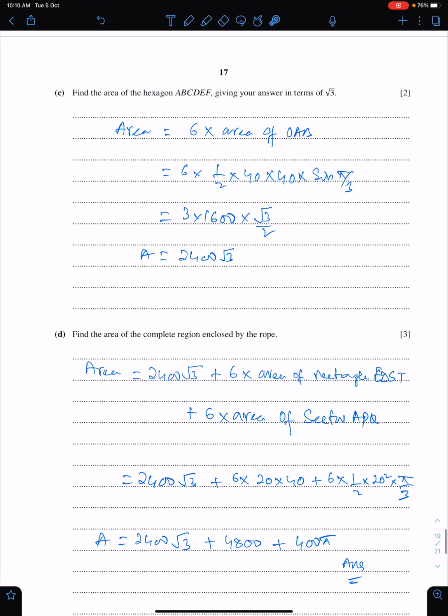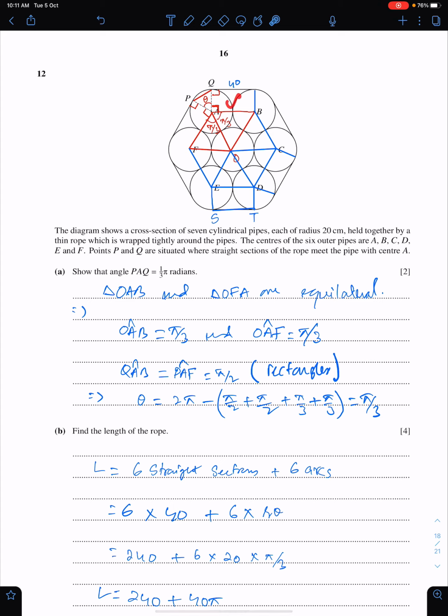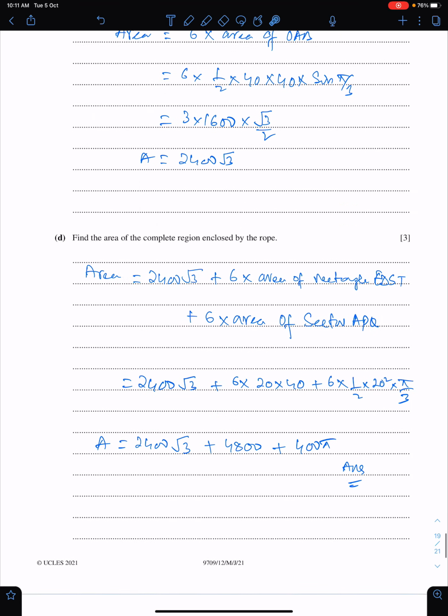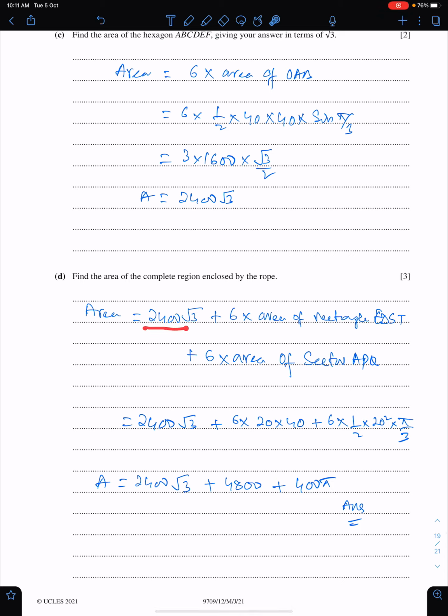Finally, we need area of this diagram. We have area of this hexagon. We just need areas of these 6 rectangles. This is one rectangle. So the total area is area of hexagon, area of 6 rectangles plus area of sector APQ.